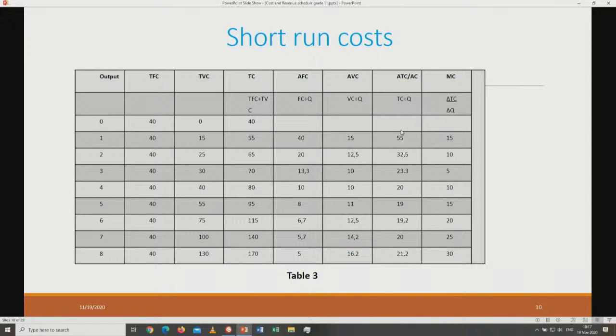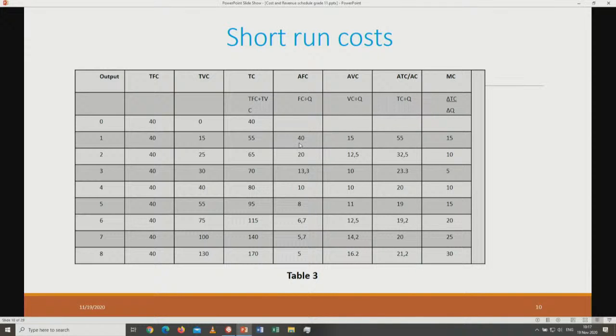So that's why we have nothing there. Then the next column is the average cost, or average total cost. How do we get that one? There are two approaches to getting it. This ATC or AC, we can get by adding the two together.